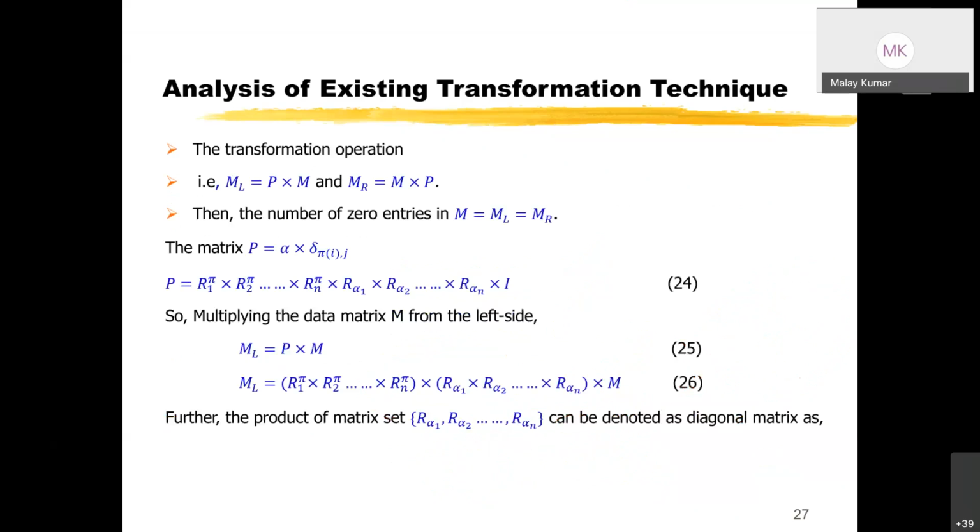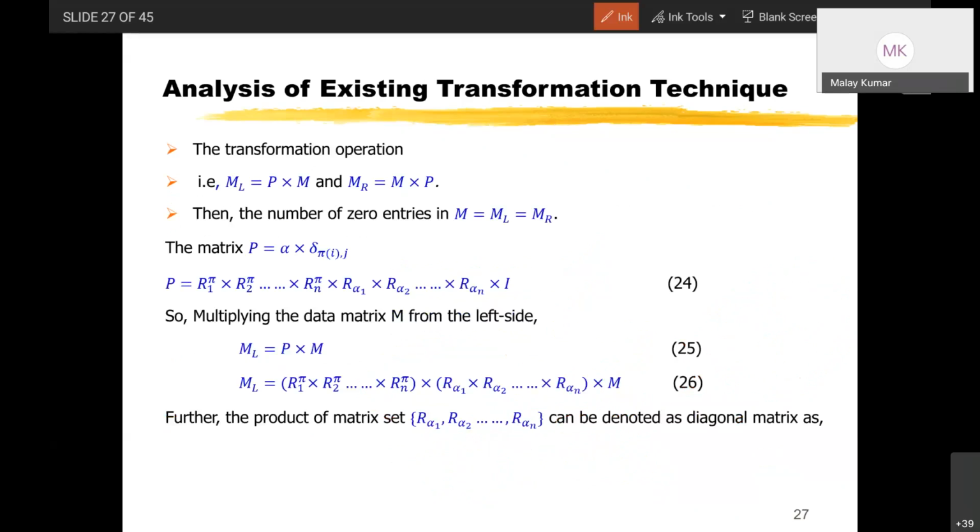Okay, so when the transformation happens, as you know, whenever you multiply some entity with 0, it produces 0.